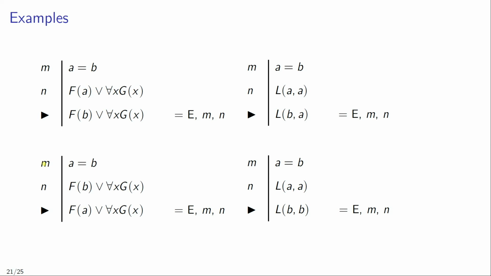Suppose that in line M we have the sentence A equals B, and in line N we have the sentence FB or all X are G. You can then infer that either FA or all X are G and justify this inference by means of identity elimination applied to lines M and N.